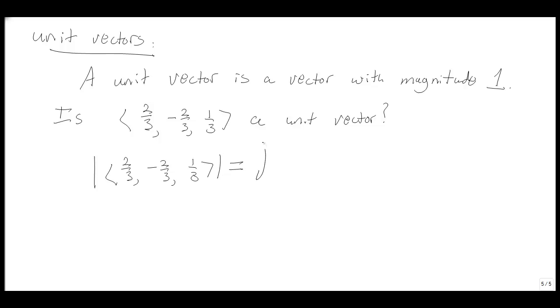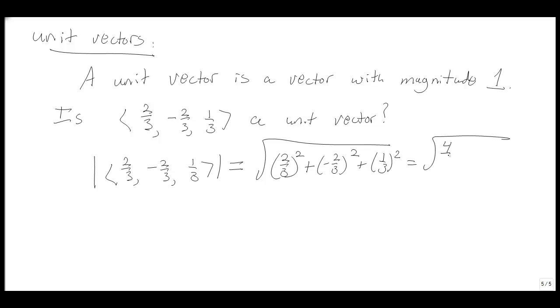And the formula will give you a square root. And we're going to do 2/3 squared plus negative 2/3 squared plus 1/3 squared. That's square root of 4/9 plus 4/9 plus 1/9. So again, the negative squared gives us a positive.